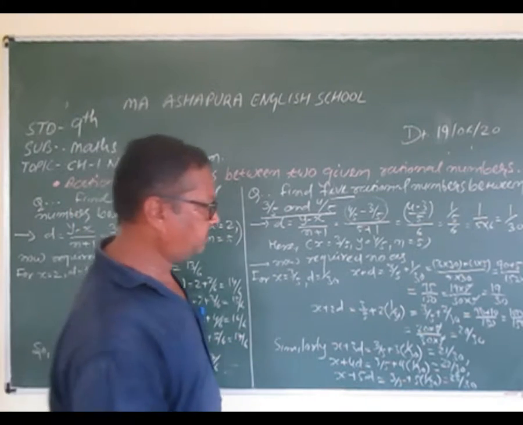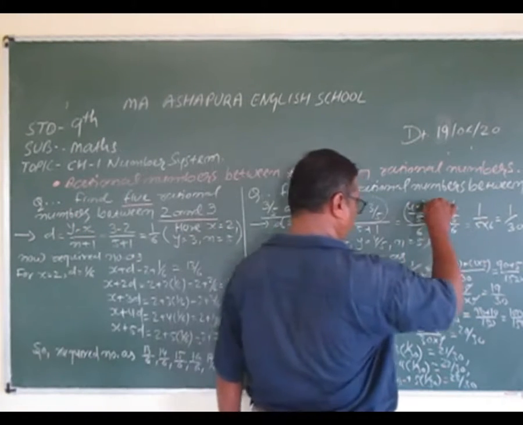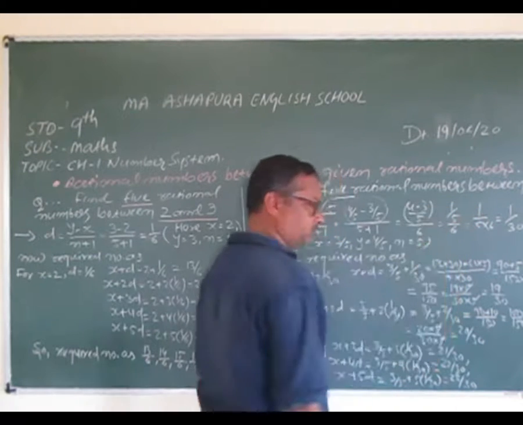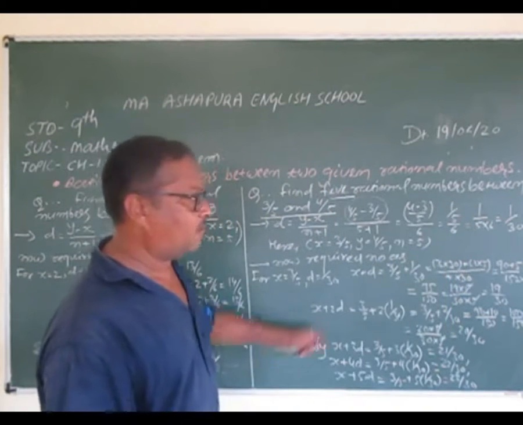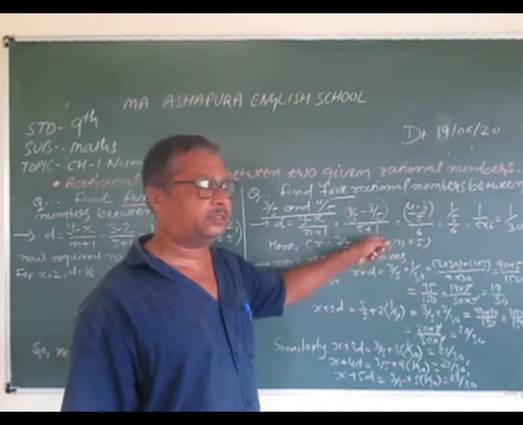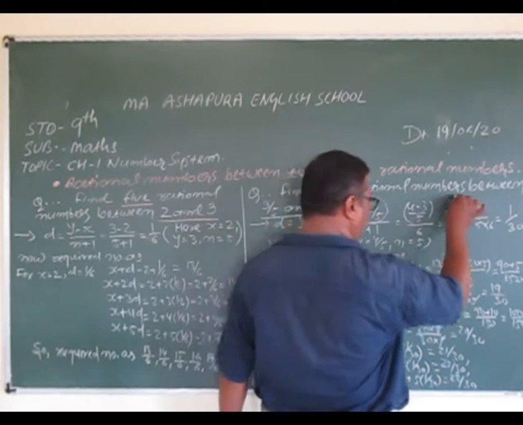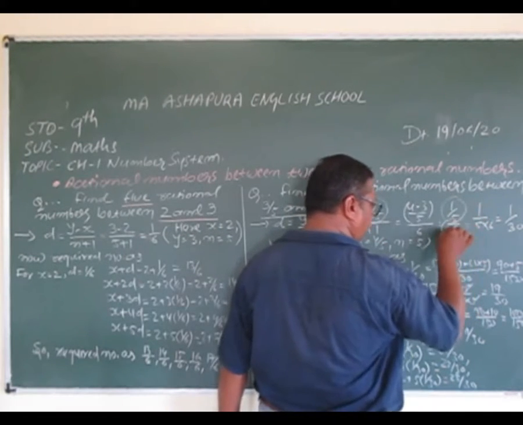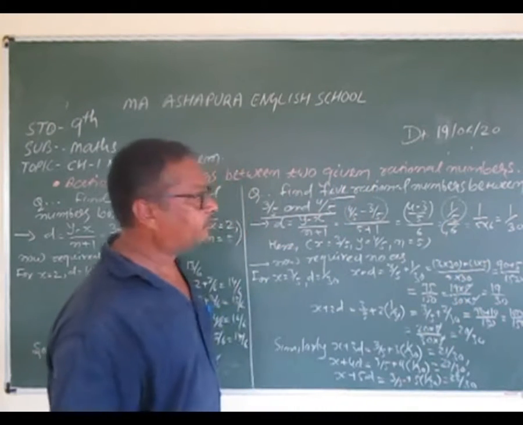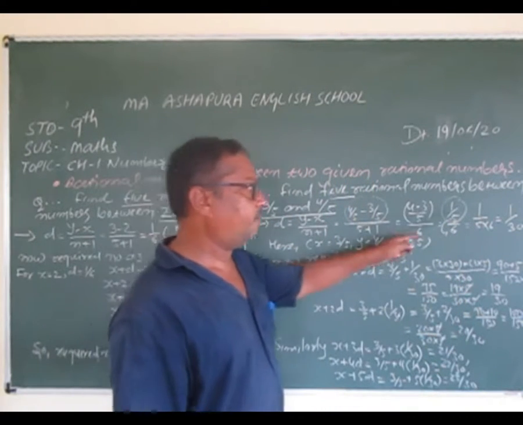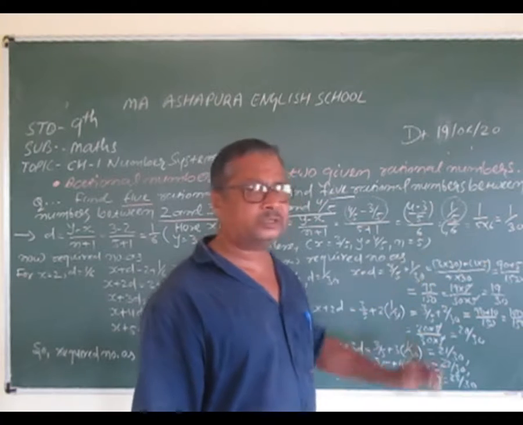Next simplified stage, 4 minus 3 is equal to 1, so 1 by 5 upon 6. Now the 5 is the denominator of the numerator's form, so it moves to the denominator. Therefore we get 1 by 5 into 6.